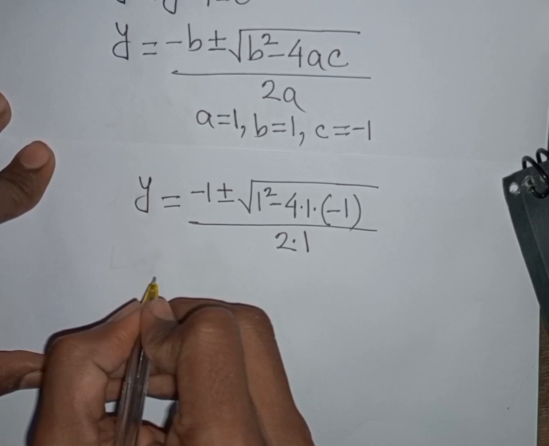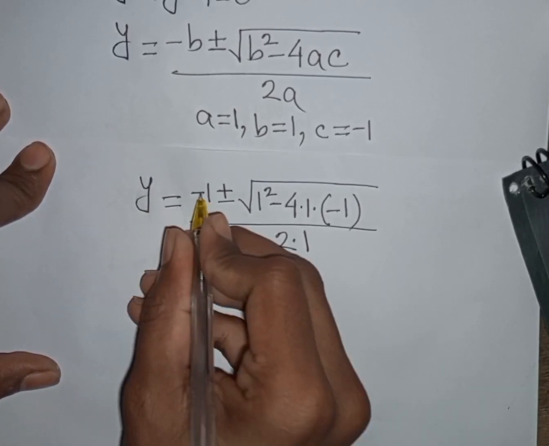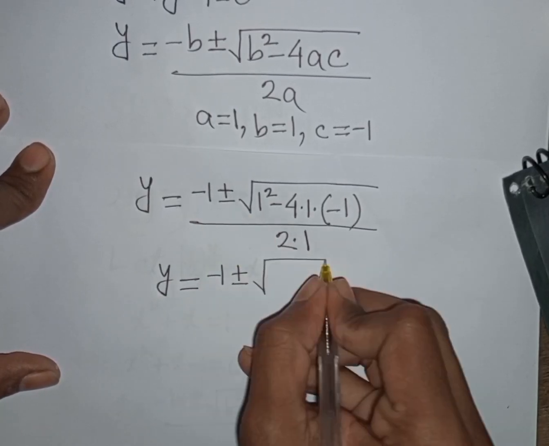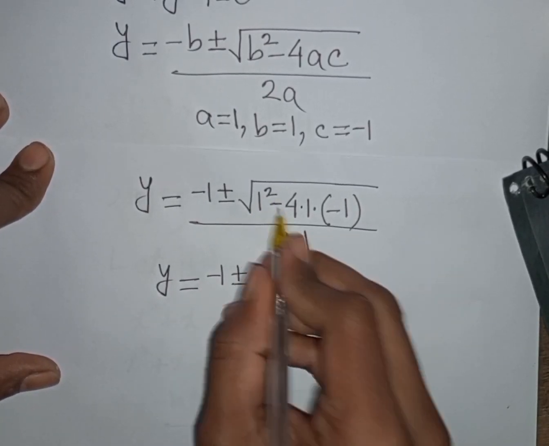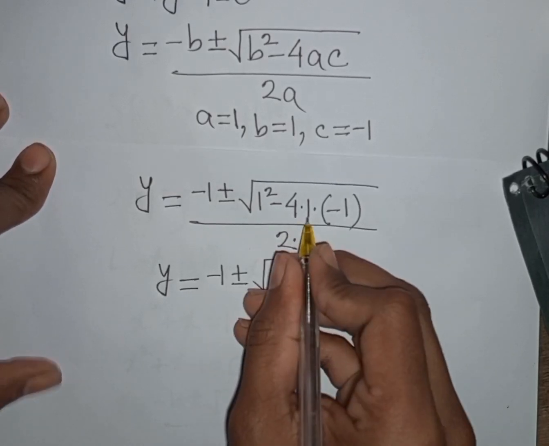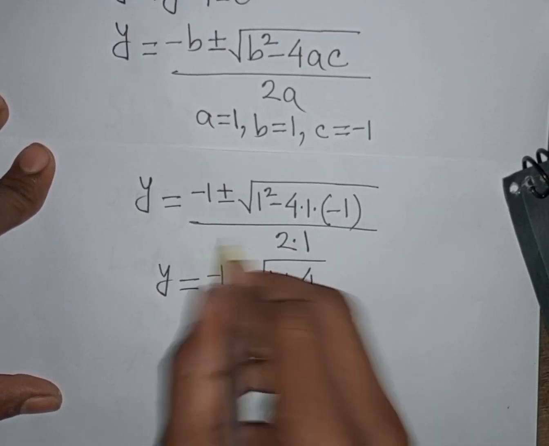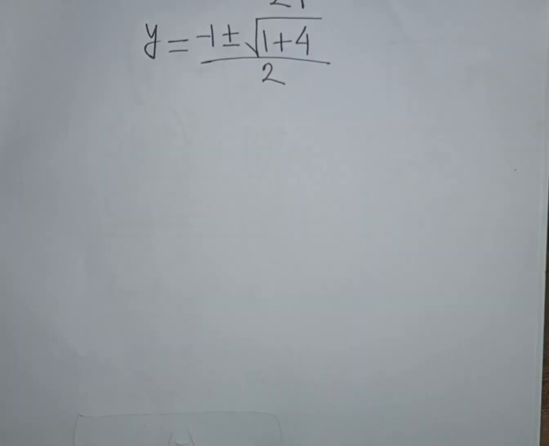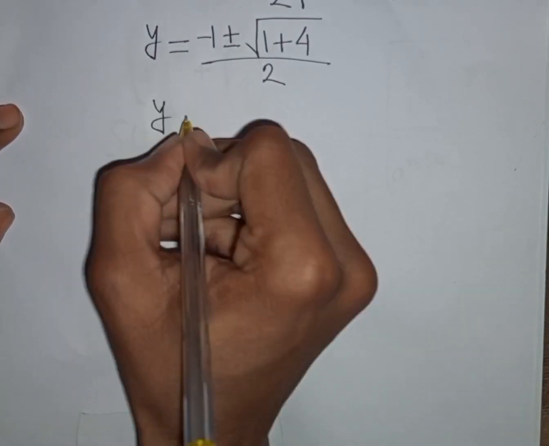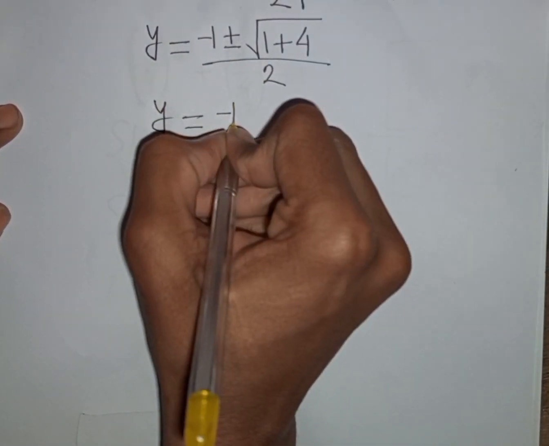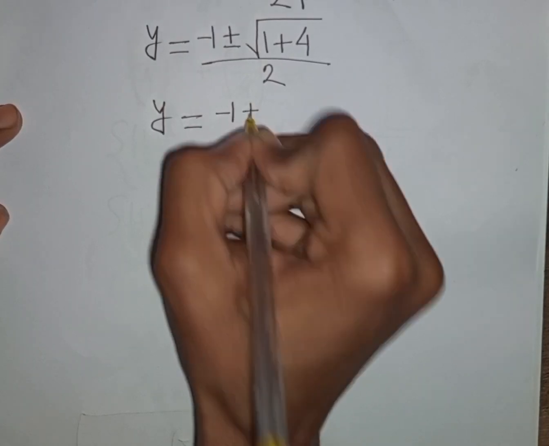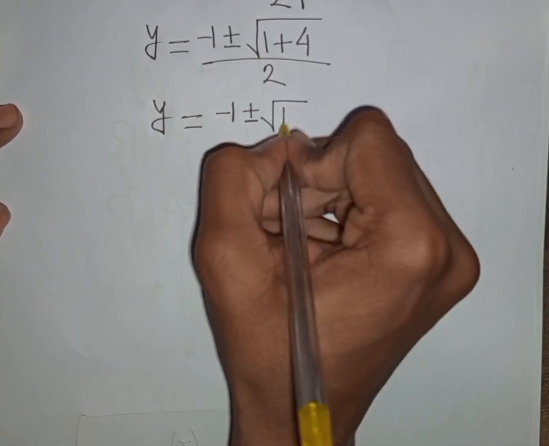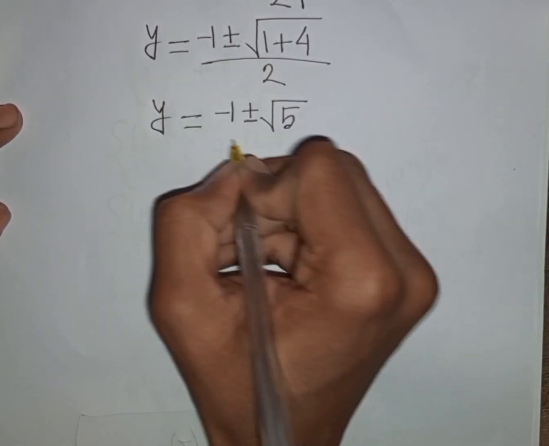Now we can write y is equal to minus b, that means minus 1, plus or minus square root of b square, that means 1 square, minus 4 times a, that means 1, times c, that means negative 1, divided by 2 times a, that means 2 times 1. So y is equal to minus 1 plus or minus square root of 1 plus 4, that means 5, divided by 2.